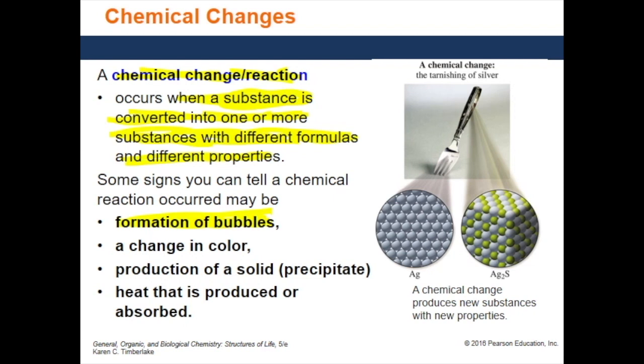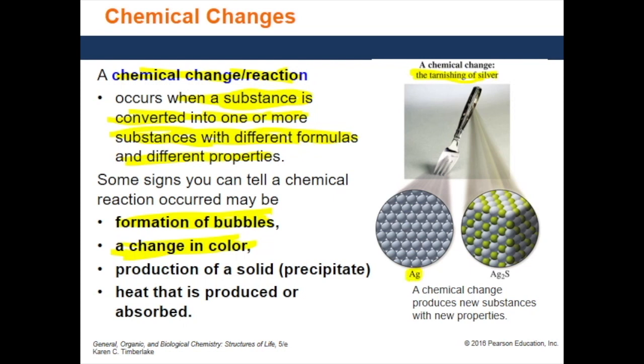Another type of indication that would tell you if a reaction is chemical is a change in color during a reaction. For instance, we know that silver eventually, over time, turns a little darker. It turns a little greenish or blackish in color, and that is called tarnishing of silver. That is a chemical change. What is happening there?